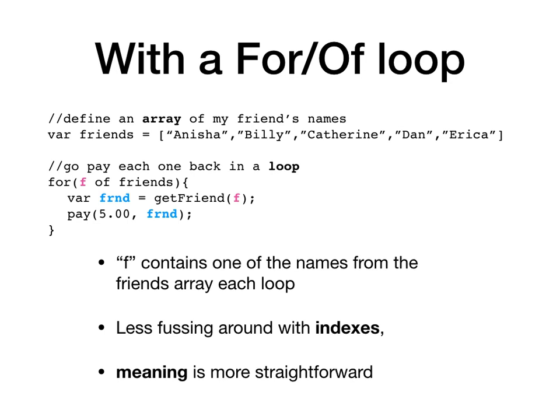I make the variable f, and then I pay friend f back. So instead of updating a numerical iterator, I now just have the actual value, easily accessible. It pulls out the names from the array each loop, and then I can use them immediately. No futzing around with the indexing and arrays here.